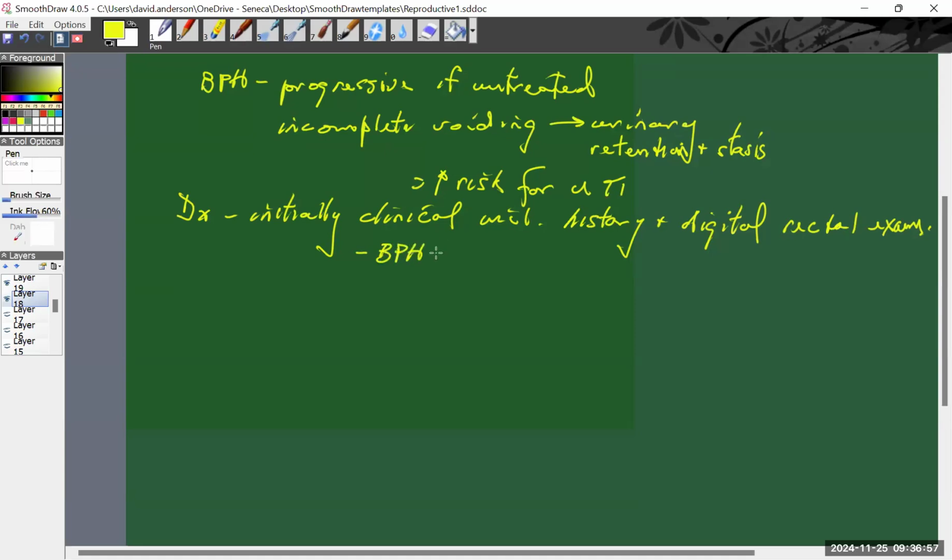So BPH, the palpation reveals smooth and symmetrical tissue.